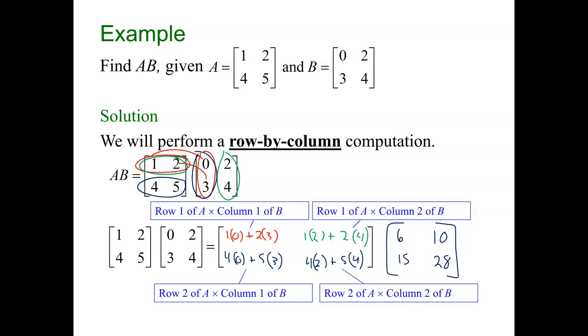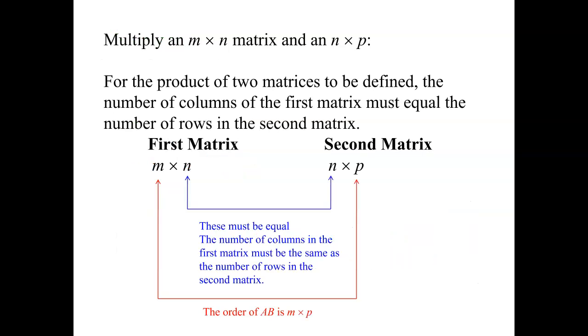The number of columns in the first has to match the number of rows in the second. And we're going to get to an example later where we can't multiply. As long as you're aware of this process, it'll be easier because you'll realize, oh, I literally can't do it. I don't have enough numbers to multiply. So this gives us our limitations for whether we can or cannot multiply.